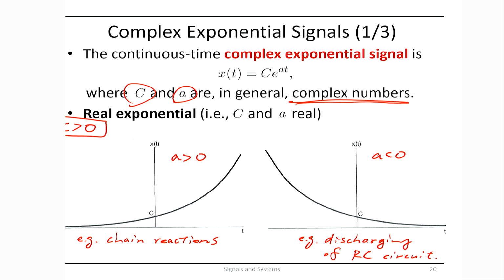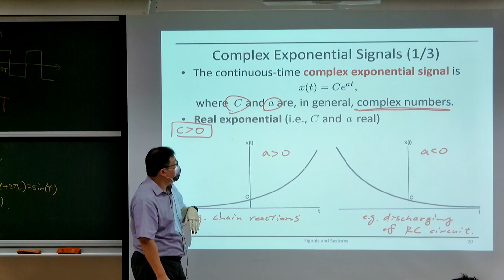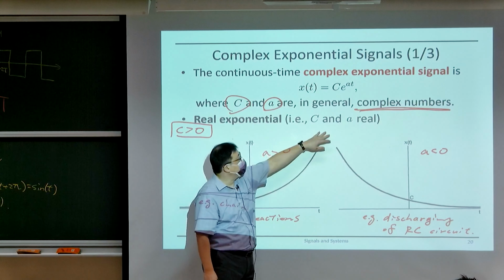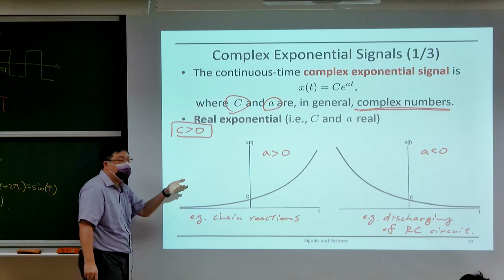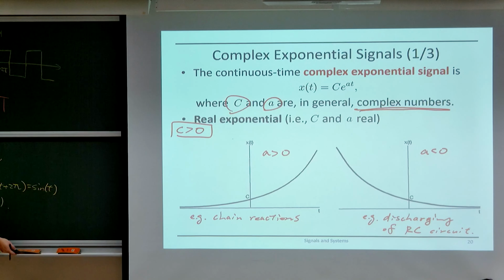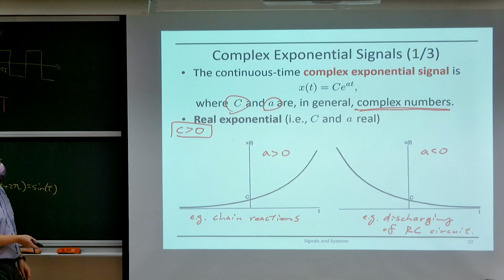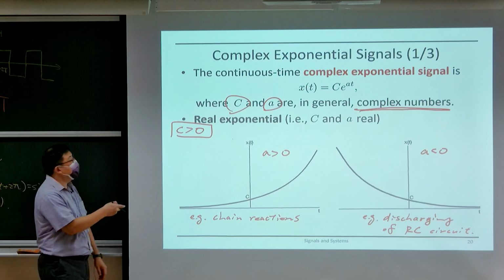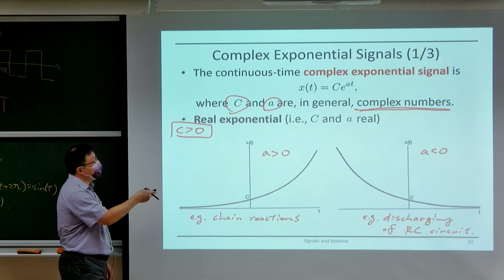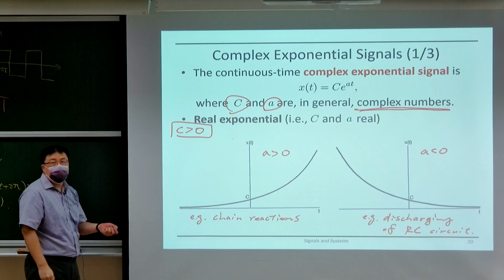Now, this is the simplest type of exponential signal, which is obtained when you choose c and a both to be real. Another common type is when you choose the exponent a to be pure imaginary.